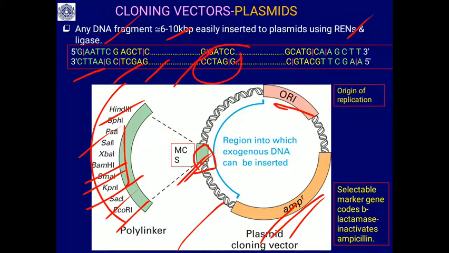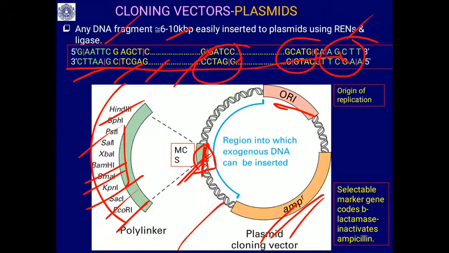All along this sequence, this is the MCS, having restriction sites for 12 restriction endonucleases, so that we can insert any gene of interest.